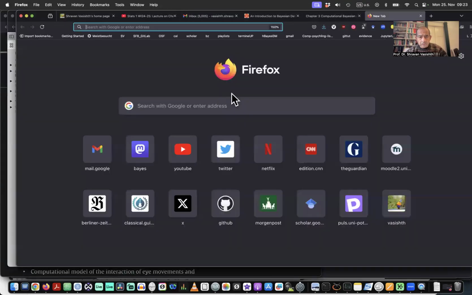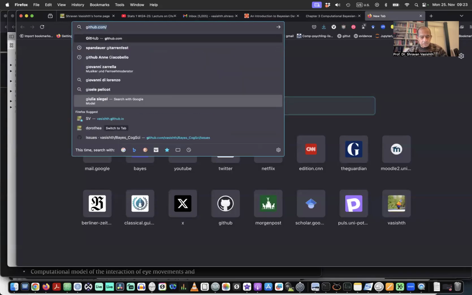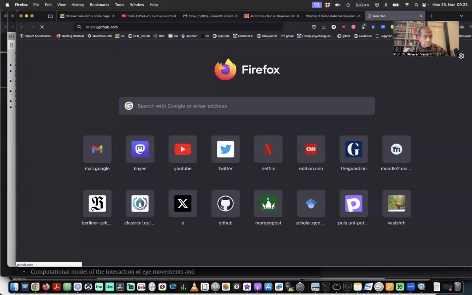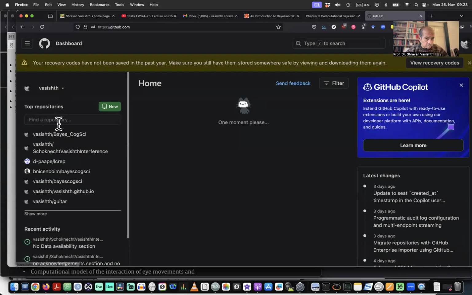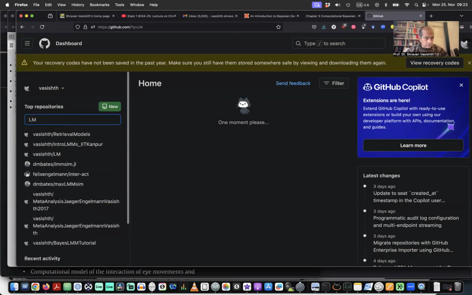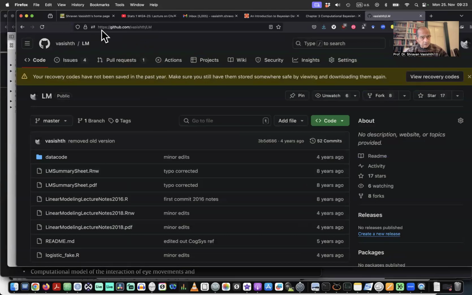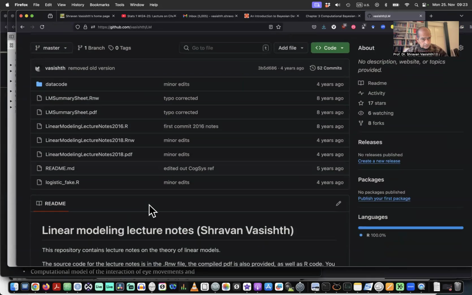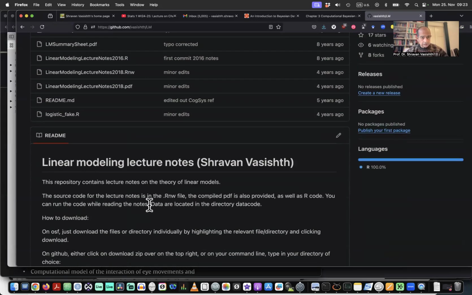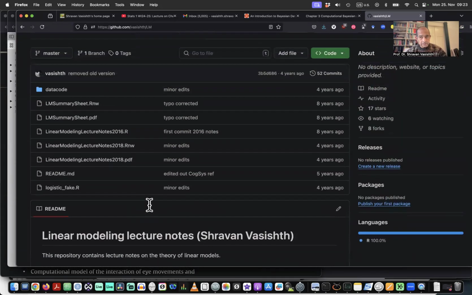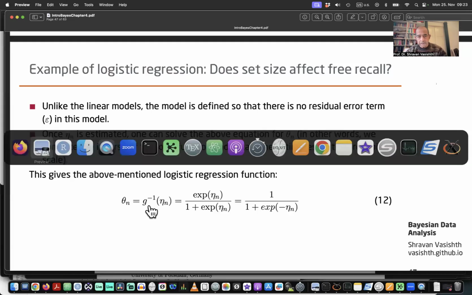If I go to GitHub, there's the linear modeling lecture notes here, where you can see more discussion about generalized linear models from the frequentist perspective.